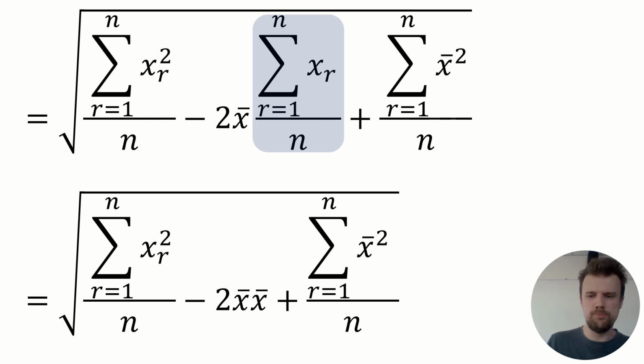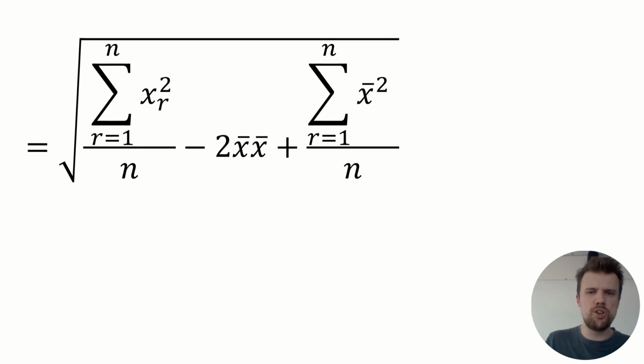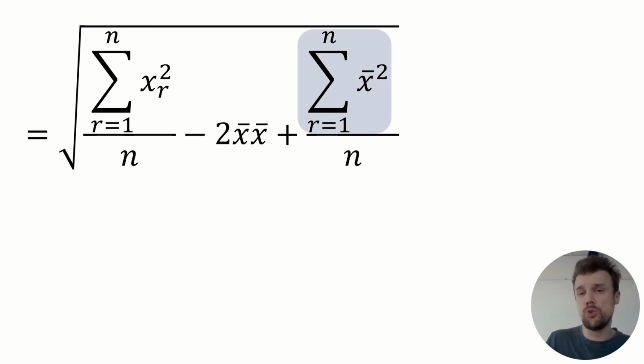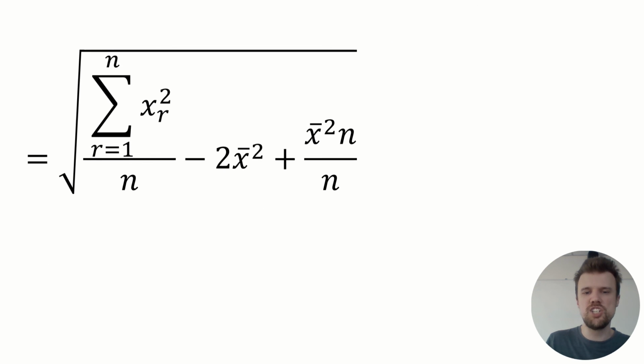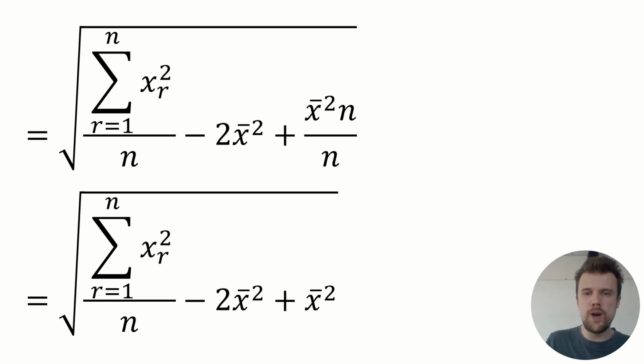But then we can also calculate what this comes to, because although that looks scary, this is just the sum of a constant term being added to itself repeatedly. x bar squared looks scary, but it's just a set number. So therefore, using the result we mentioned earlier, that would come to n lots of x bar squared, which is really nice because that fraction on the end can now be simplified to just x bar all squared.